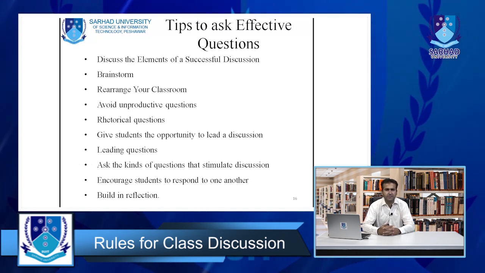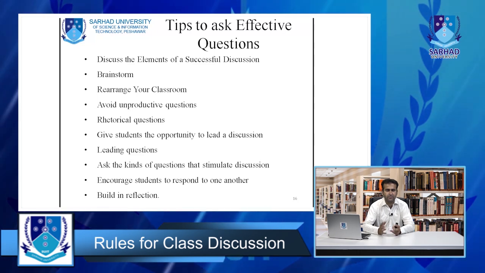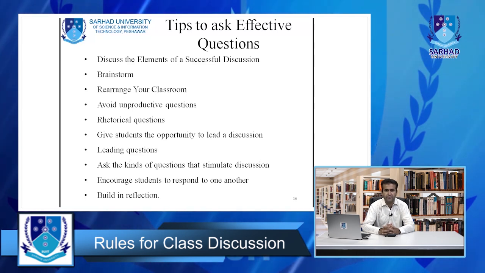So, the elements of a successful discussion. First of all, we need to discuss what the elements of a successful discussion are. Whenever we are considering a successful discussion, a discussion will be successful only if the environment is conducive for learning.